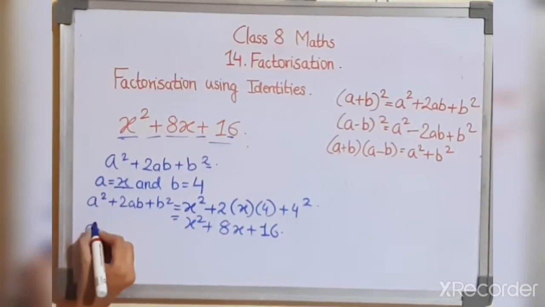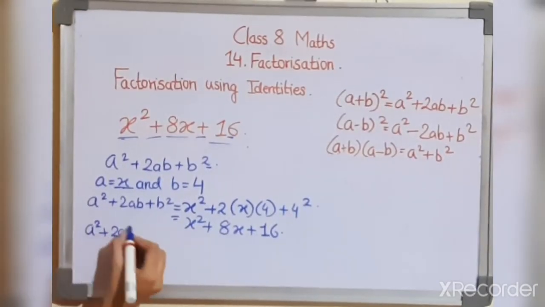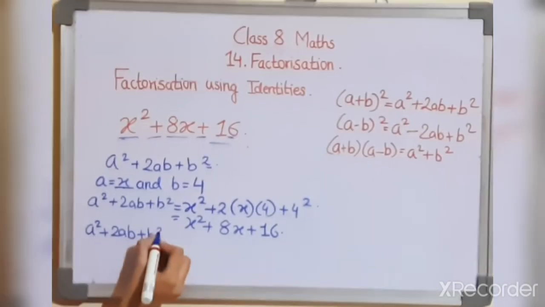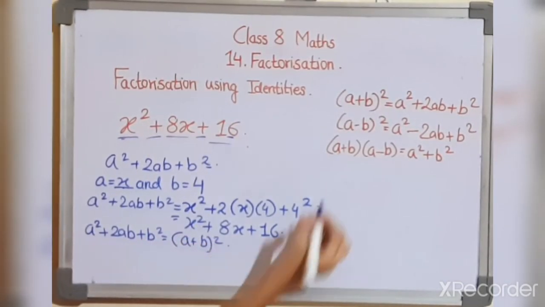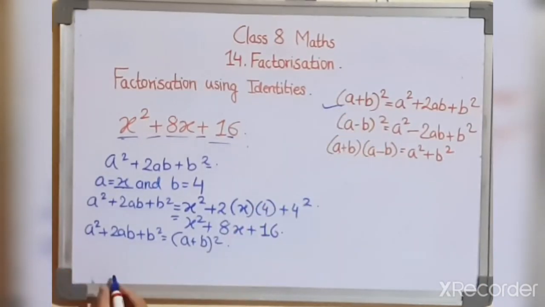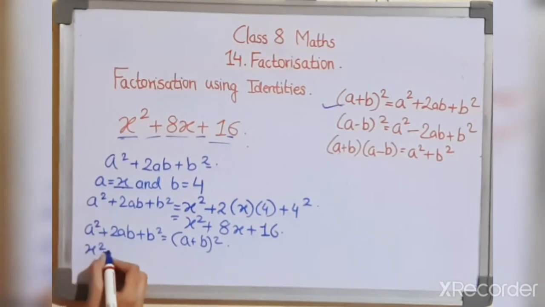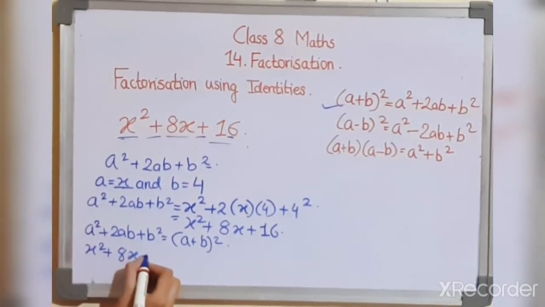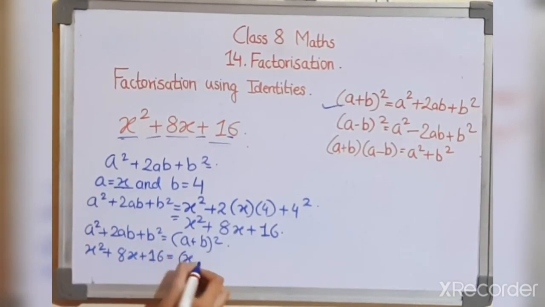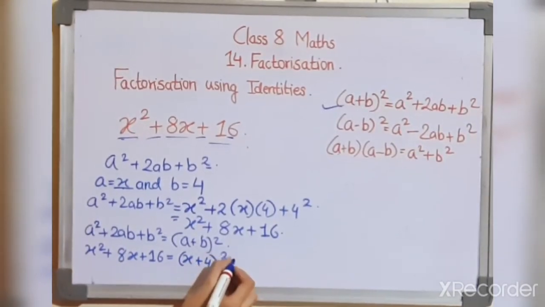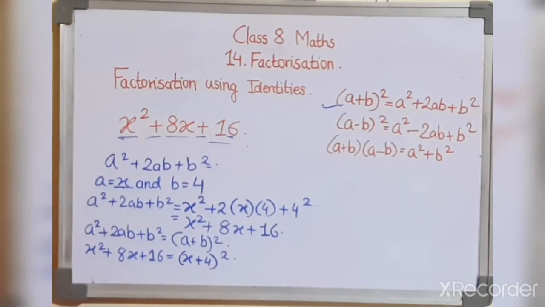Since a square plus 2ab plus b square is equal to (a plus b) whole square by identity number 1, by comparison we find that x square plus 8x plus 16 is equal to, where a is x and b is 4, so the factorized form is (x plus 4) whole square.